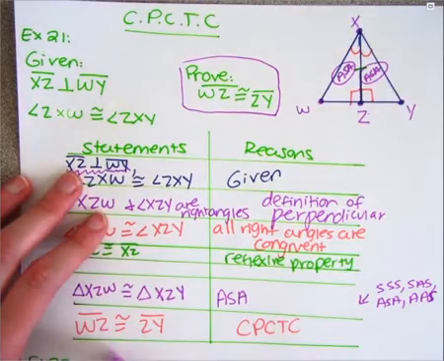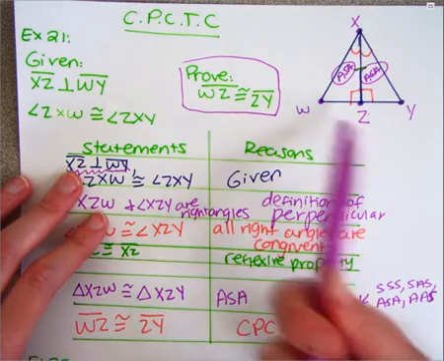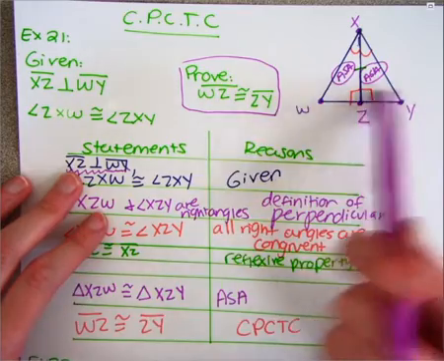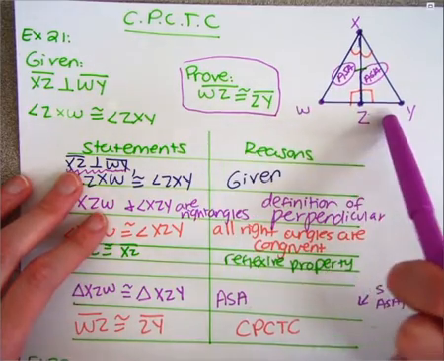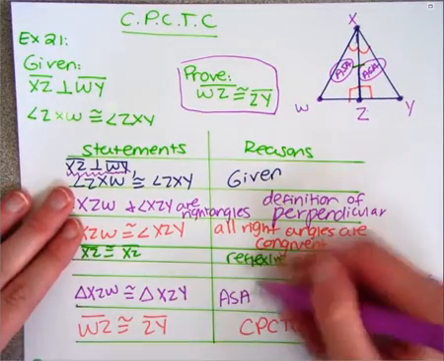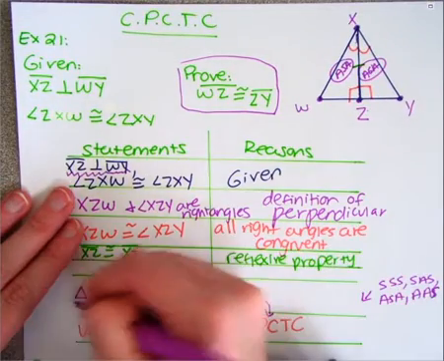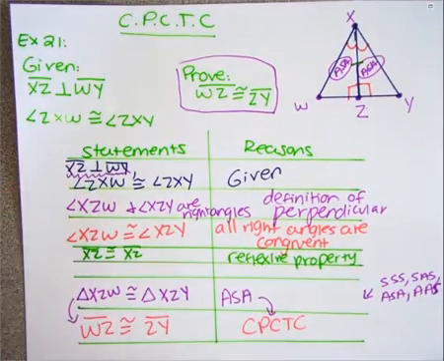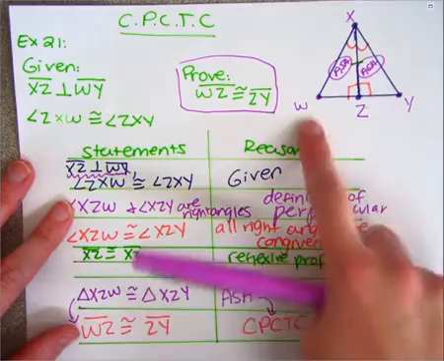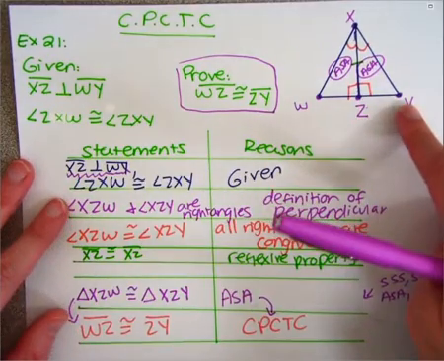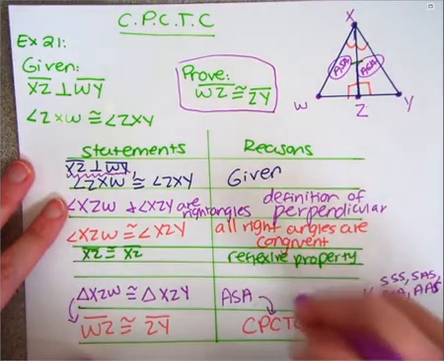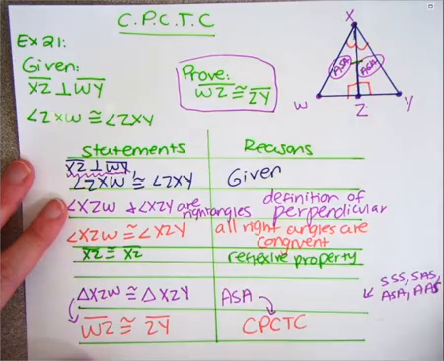So now I am allowed to say that WZ and ZY are congruent because the two triangles are congruent, which means the remaining corresponding parts are congruent. CPCTC always comes after proving triangles are congruent. I have shown triangles are congruent. I know I do not have WZ and ZY marked in my picture as congruent, but since my triangles have now been declared congruent, every remaining side and angle are congruent.